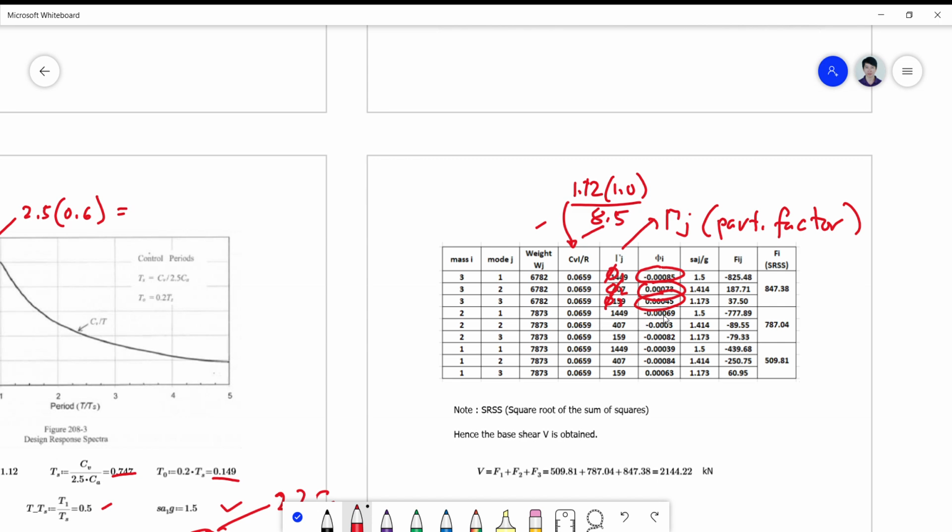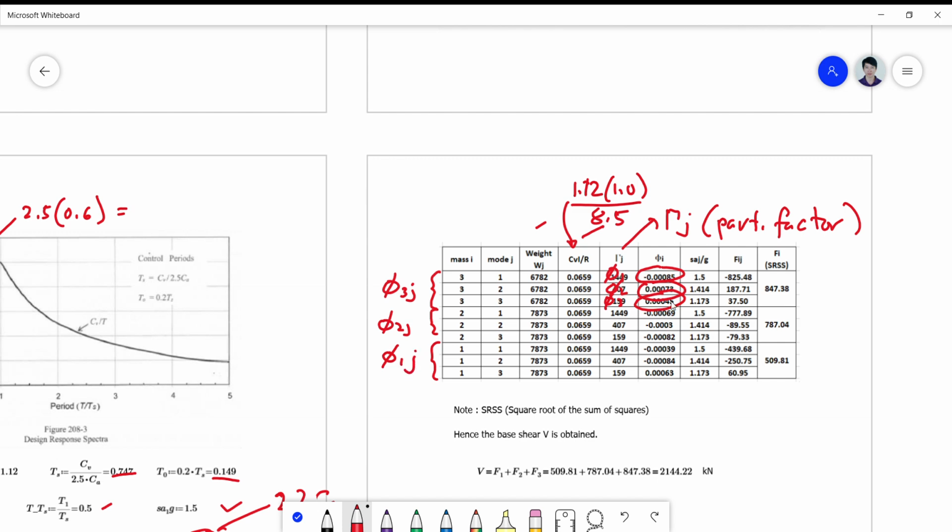And then this is again phi1, phi2, phi3. So simply this is phi3J, phi2J, and phi1J.